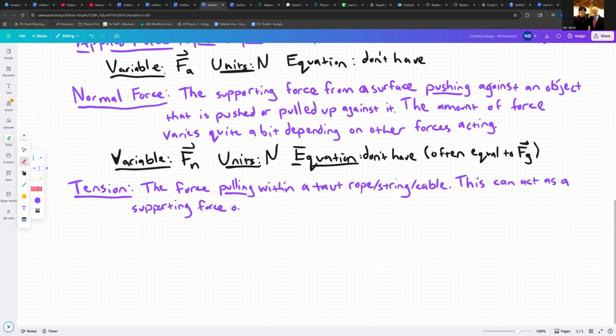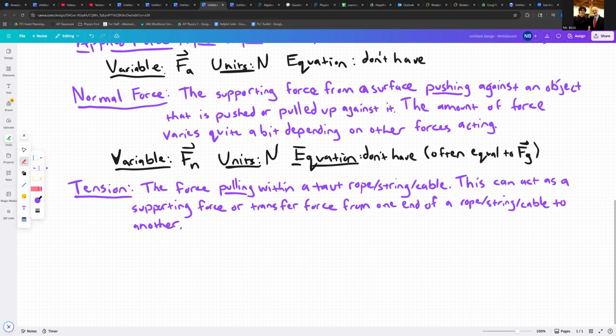Or it can transfer some force from one end of a rope, string, or cable to another. We're going to see some objects that are connected by ropes, strings, or cables even though they're not hanging from the ceiling. So there, it's less of a supporting force.